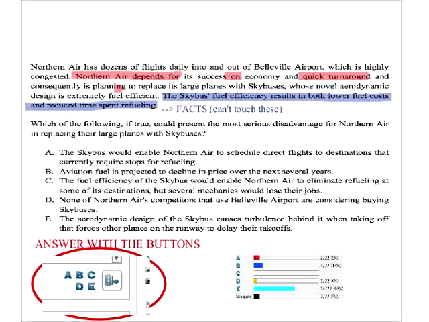The big picture of the argument is that they need these planes to get off the runway faster. The issue at hand is, will the Skybuses really get off the runway faster? The pro here is lower fuel costs and reduced refueling time.